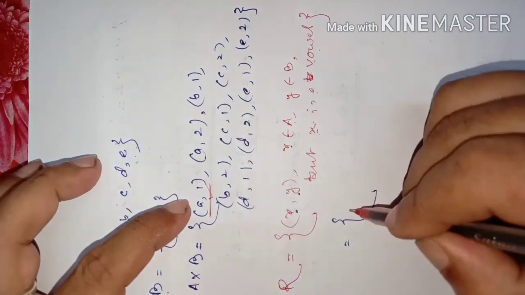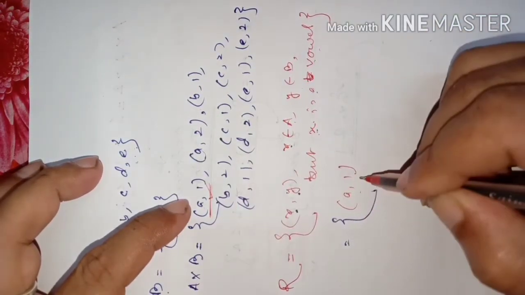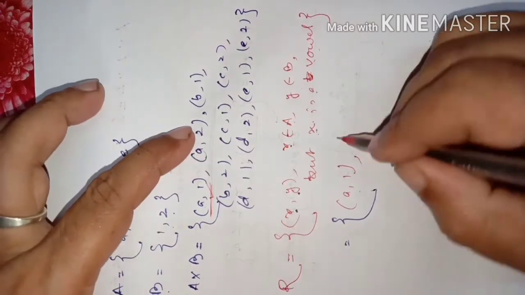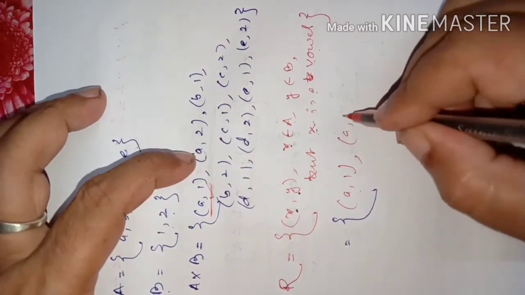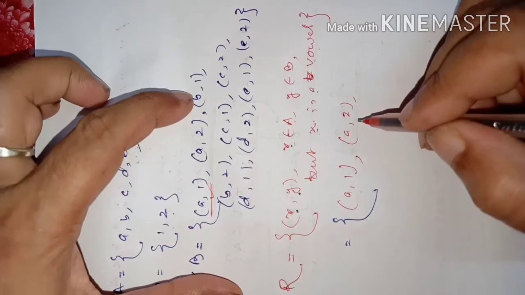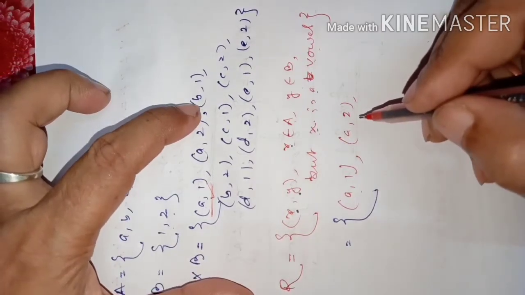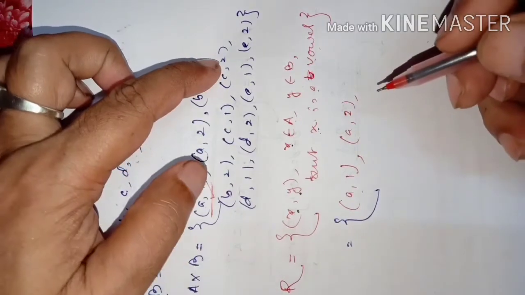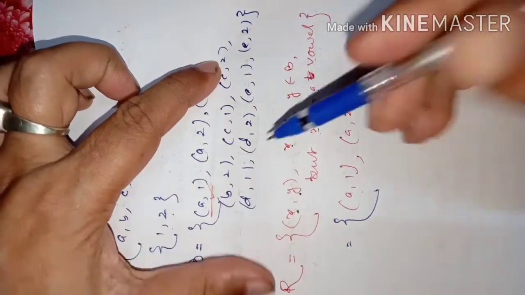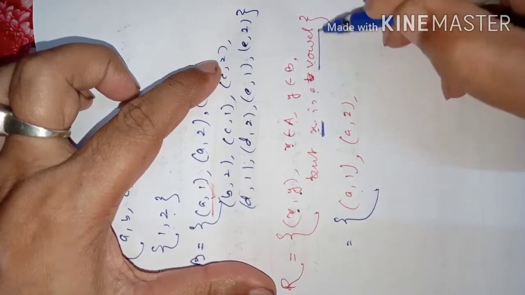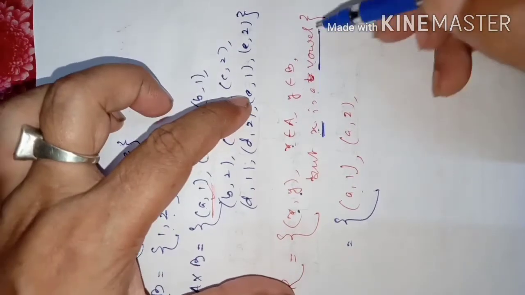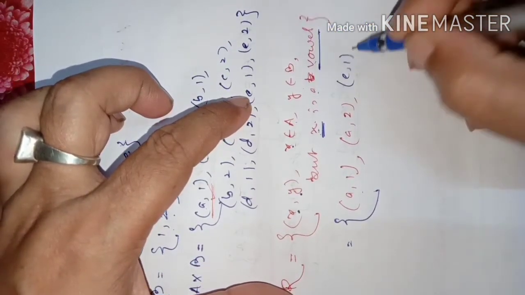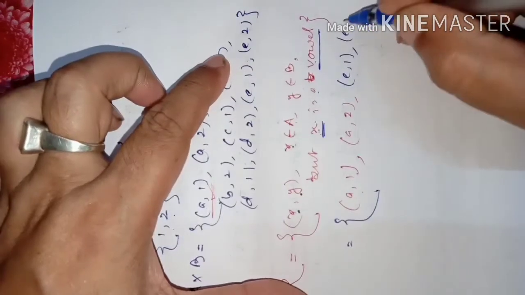That means A comma 1 can be taken, and A comma 2 also can be taken because A is a vowel. Then B1 cannot be taken because the first one is not a vowel. B2 cannot be taken, C1 cannot be taken, C2 also cannot be taken because our condition is what? The first element X should be a vowel. Then what can you take again? E comma 1, then E comma 2 you can take.